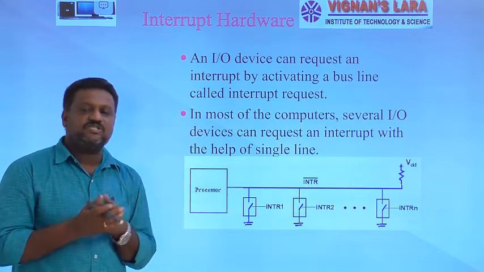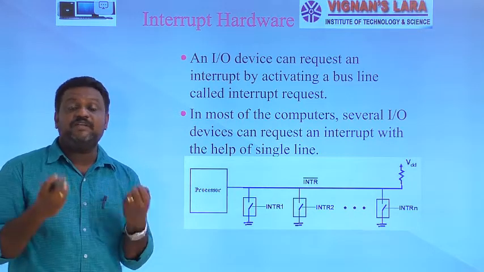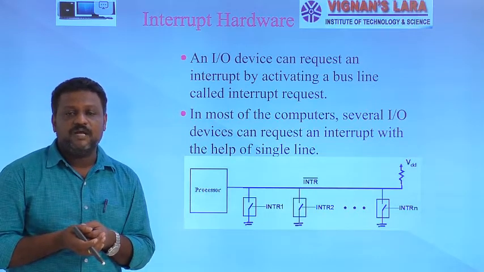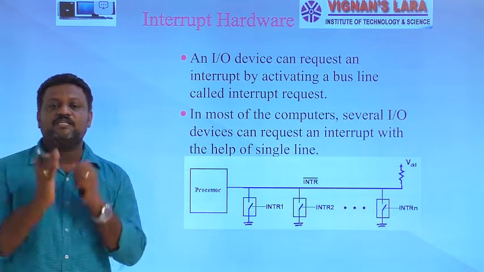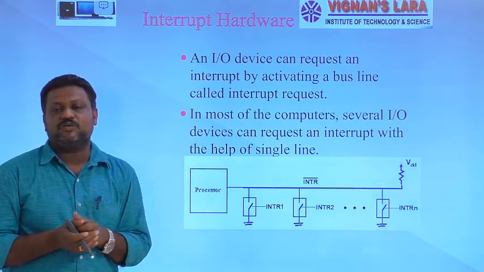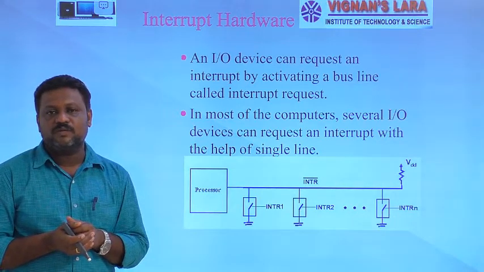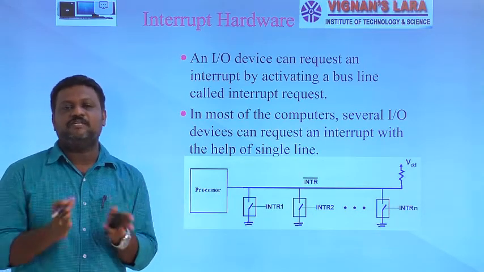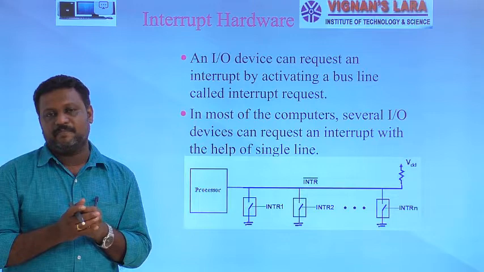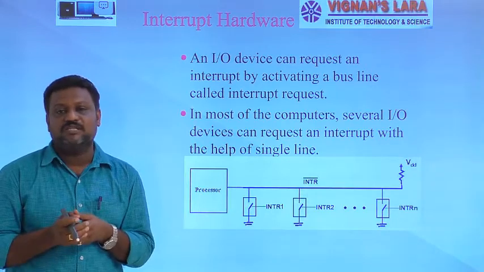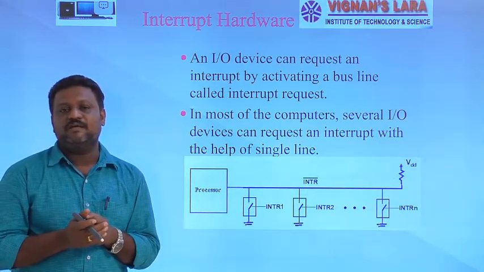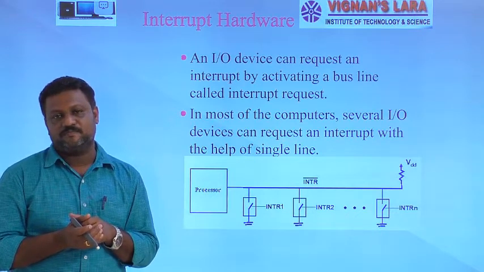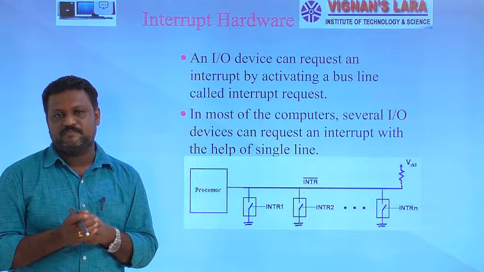For example, in some systems, each IO device has its own interrupt request signal. With the help of that signal, the corresponding IO device transfers its request signal to the CPU. In some systems, all the devices present in the system share a common request signal. With the help of that one only, all the devices send their request signal to the CPU. There are two different things.